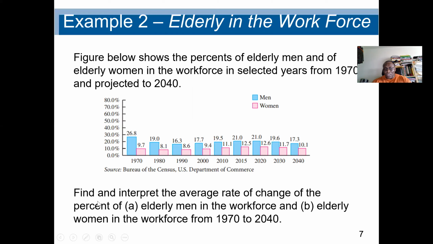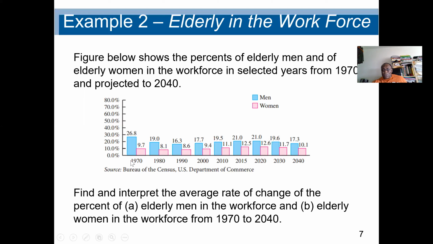So here they say we should find and also interpret the average rate of change of the percent of A, elderly men in the workforce, and B, elderly women in the workforce from 1970 to 2040. So 1970 is here and 2040 is here. So for men, it will be 17.3 and 26.8: 17.3 minus 26.8 divided by 2040 minus 1970.